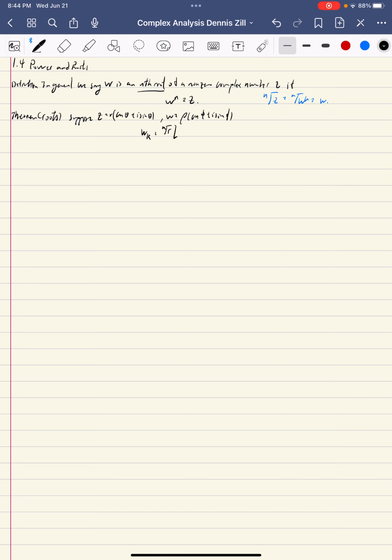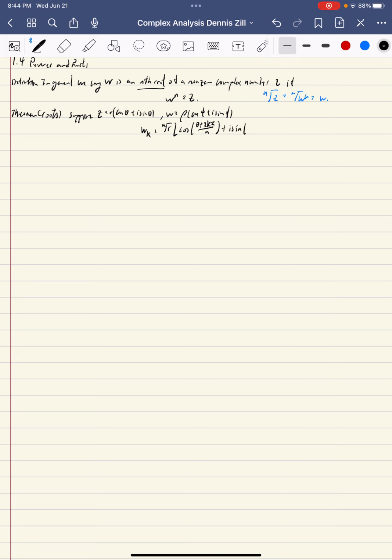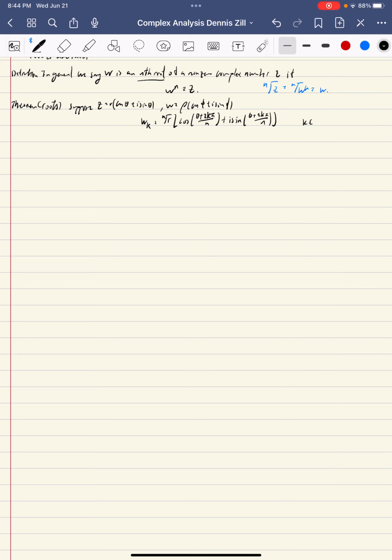And then you have cosine of (theta plus 2k pi)/n plus i sine of (theta plus 2k pi)/n, for k being a natural number: 0, 1, 2, up to n minus 1, right? And well, now let's prove it.